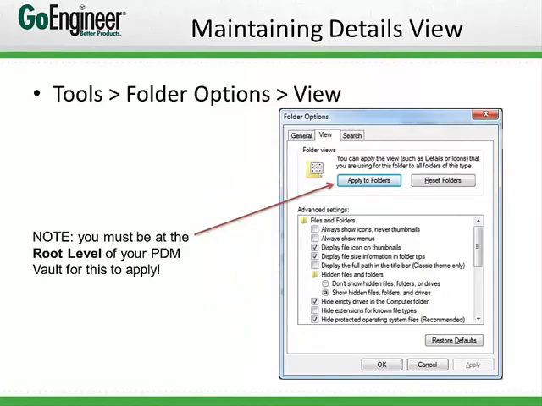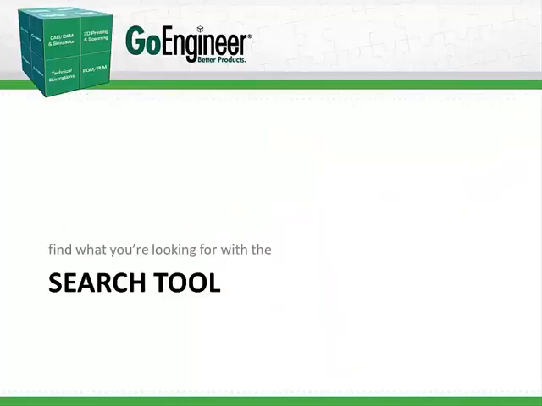Those are a couple of the view tips that I have in terms of how you want to update your interface, some of the options that you want applied. Let's switch gears a little bit and talk about finding the information that we're looking for with the search tool.